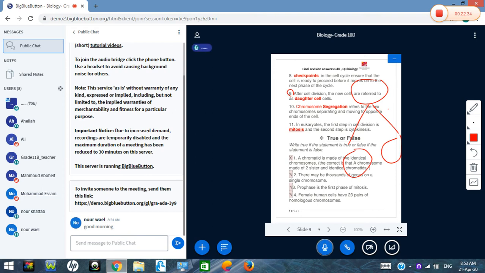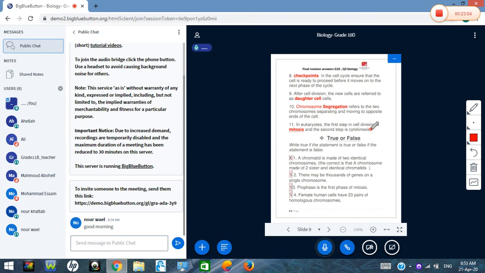The 2 new cells are identical to each other and identical to the parent cell. The 2 identical cells are called daughter cells because they are similar to each other. So after cell division, the new cells are referred to as daughter cells.